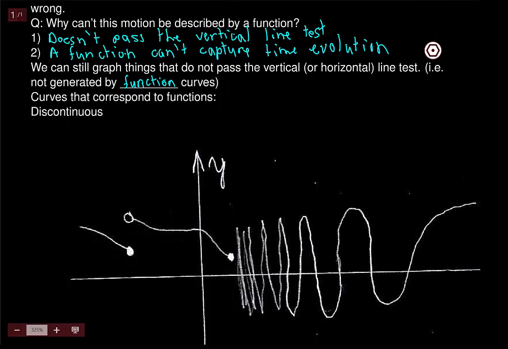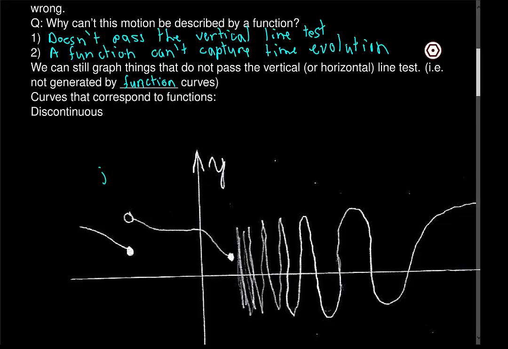First of all, there are, of course, a lot of curves that do correspond to functions. We know about continuous functions, but we could have a discontinuous function. So we could have a function here that has a jump discontinuity, and it also could have an oscillatory discontinuity here too.